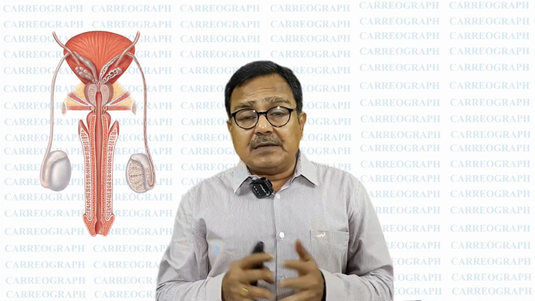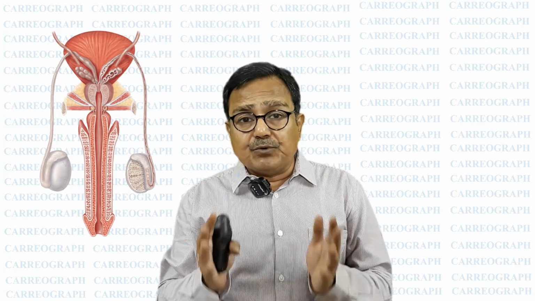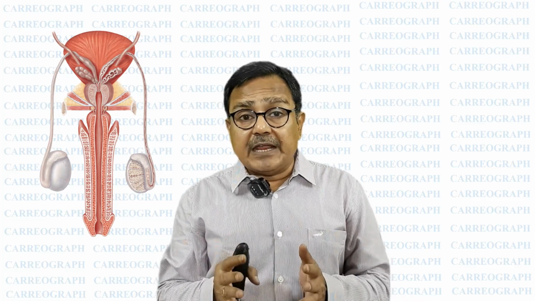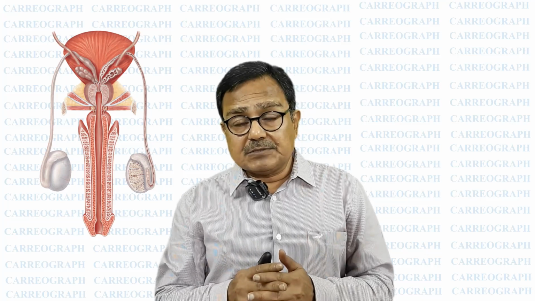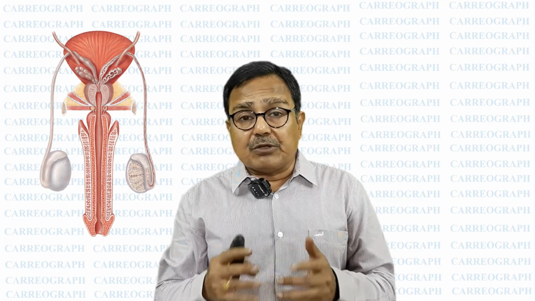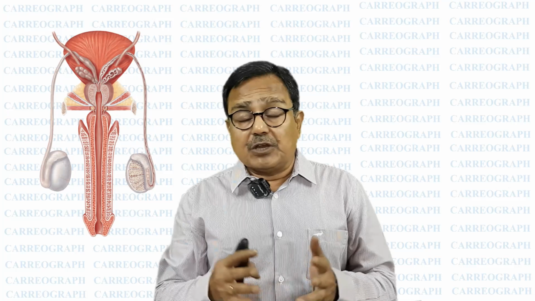What is semen? Semen is a fluid produced by the seminal vesicle. It contains nutrients, especially fructose, as you all know, the carbohydrate food required by the sperm for the production of energy, and minerals are there in the semen.